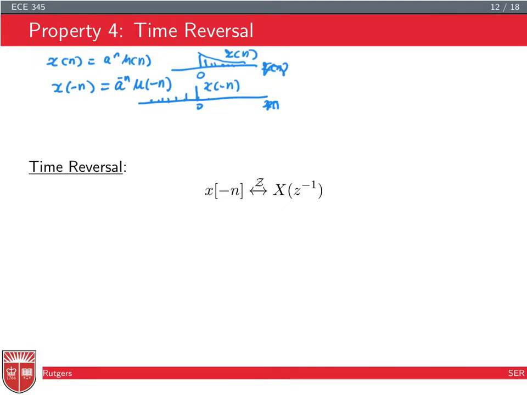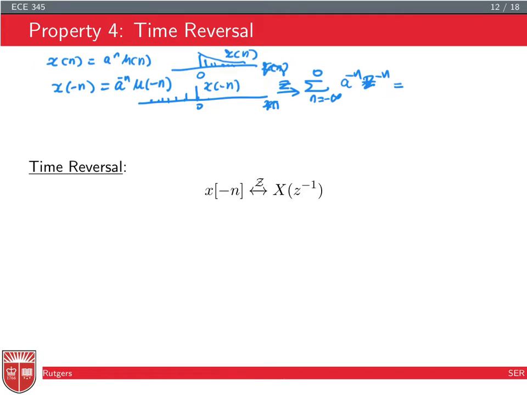In this case, you can see that if we find the Z transform of x[-n], it is going to be equal to the sum from n equals minus infinity to 0 of a^(-n) z^(-n), right? And what I can do is a change of variable.